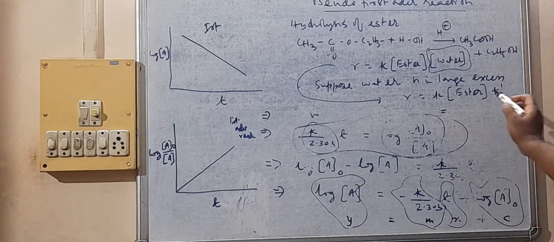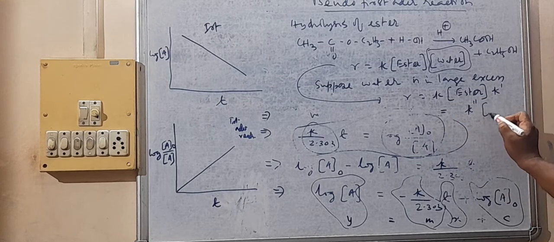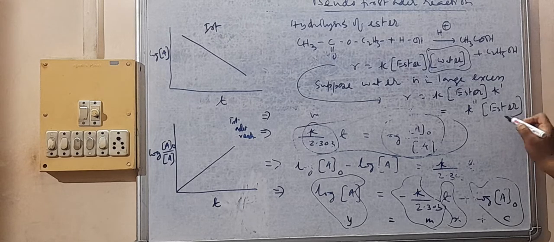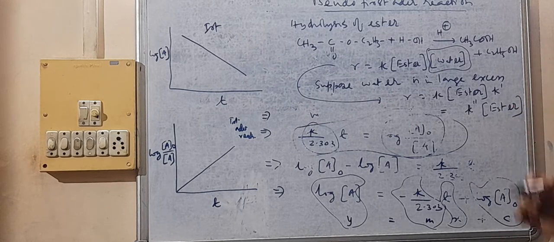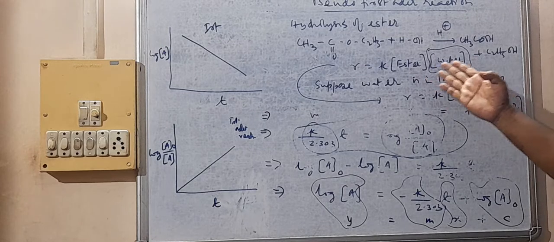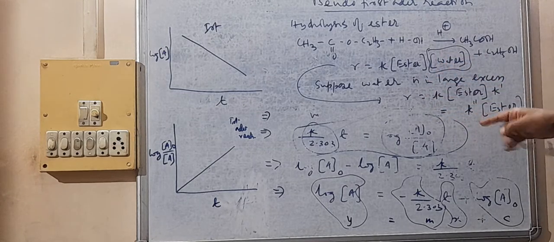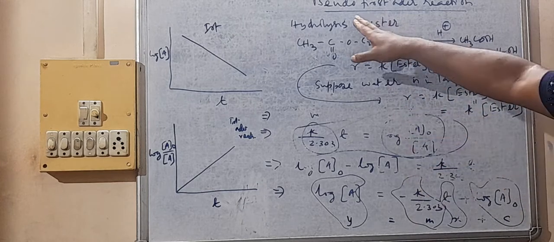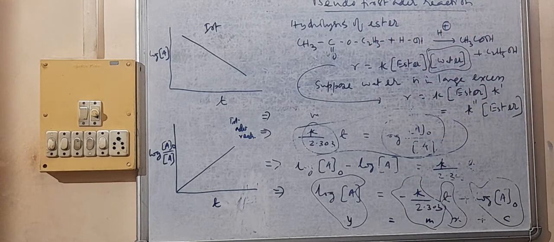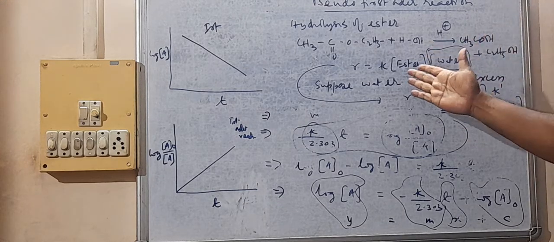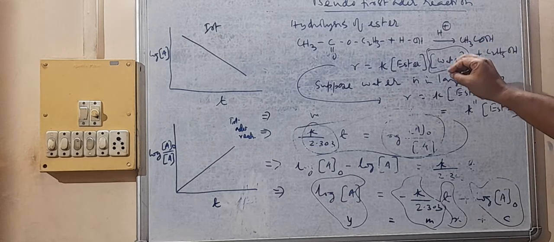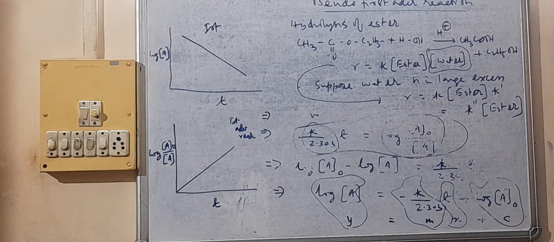So K into K prime will become K double prime. Say ester. So you see now the rate law becomes like this, and there is only one concentration term, so it will behave like a first order reaction. Such a reaction, which is normally second order but behaves like first order under certain condition, is called pseudo first order reaction. In the same way, if we have ester in large excess, then also it will behave like first order reaction.